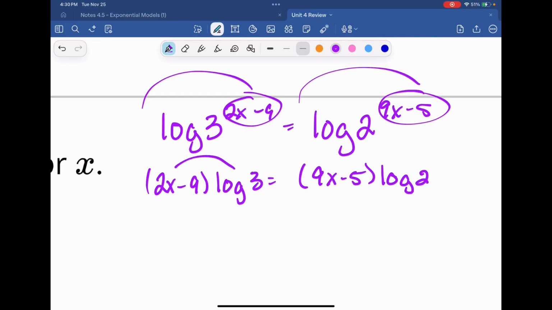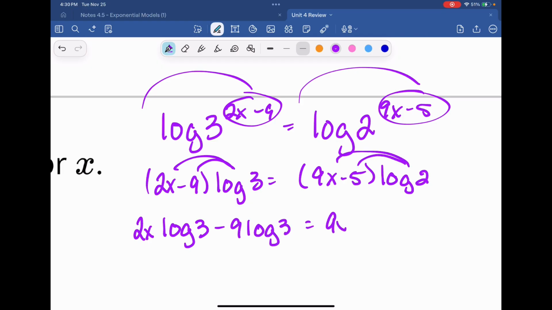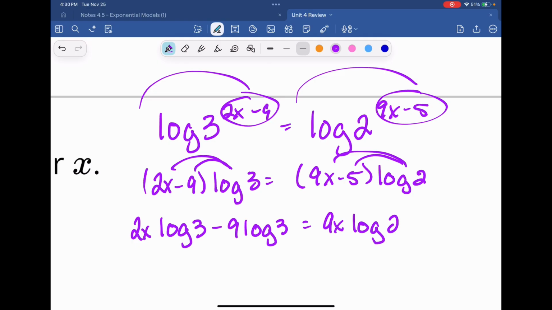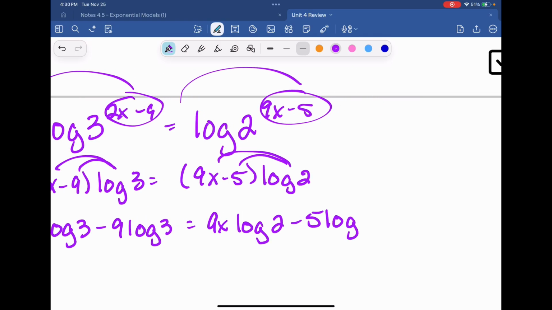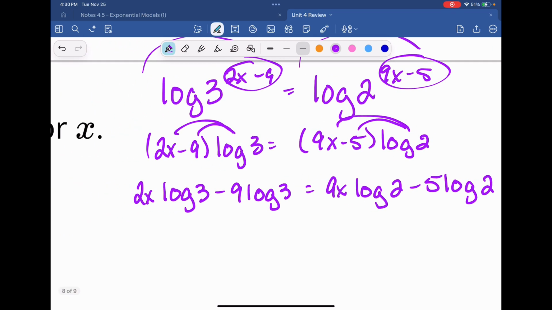Distribute. Distribute. You want your x's on one side and your non-x's on the other.